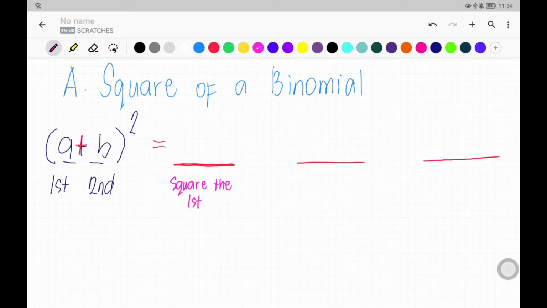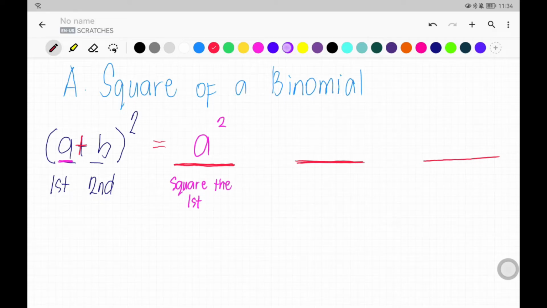Okay, so we square the first term. Ano ba yung given natin na first term? Ang given natin na first term ay a, di ba? So i-square lang daw natin yung a. That's it. Then next, dito naman tayo sa gitna. Paano natin kukunin yung gitna? What we do is that we follow this pattern.